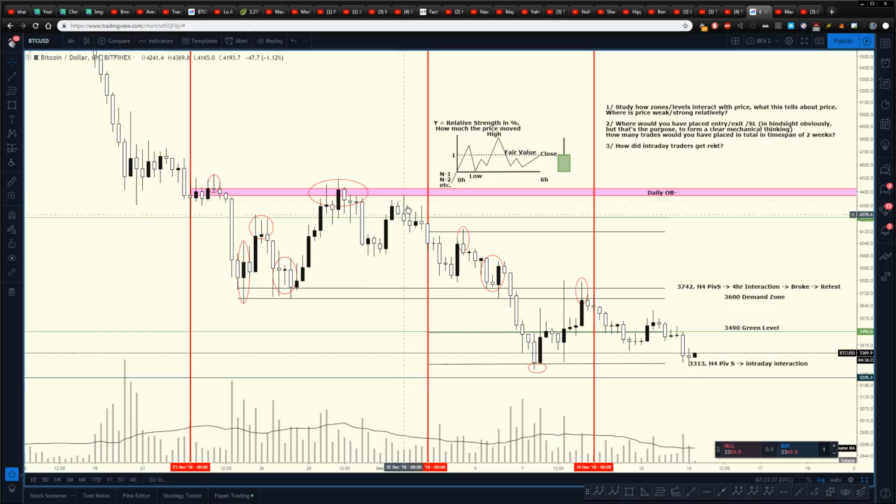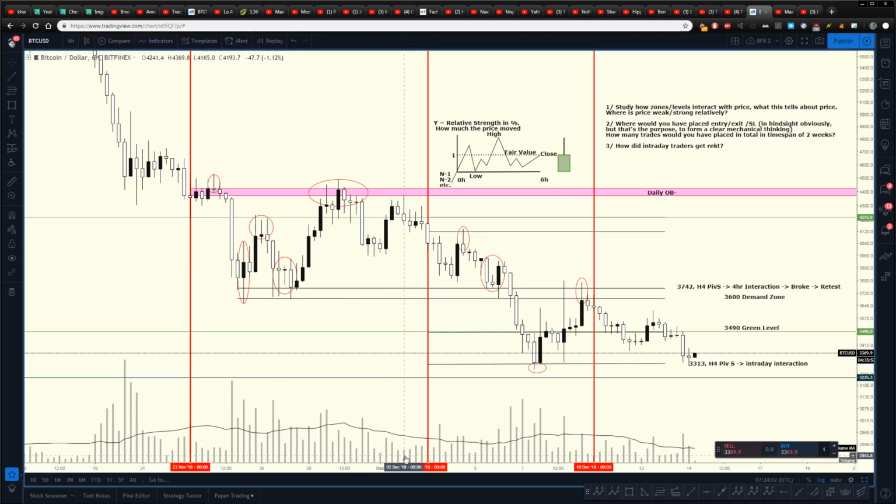And then what we saw here, we tapped the daily OB, but we see a very strong rejection. We don't see that much volume, but in relation to the previous candle, we do see more volume. So we do see a strong rejection. The bulls didn't fight back. So a trend started based on this lower high, and it was a very strong move to the downside.